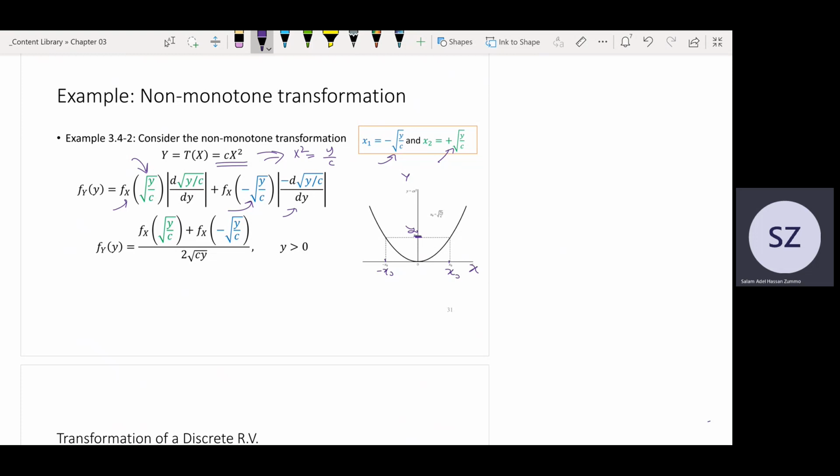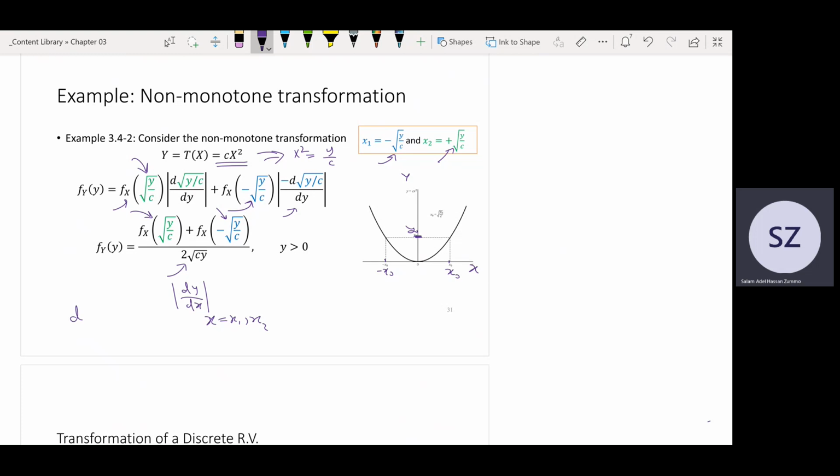Or you can think about it as the PDF evaluated at the first zero plus the PDF evaluated at the second zero, divided by dy dx evaluated at x equals x1 or x2. Basically, here x1, here x2. Okay, either way. Let's just solve this.